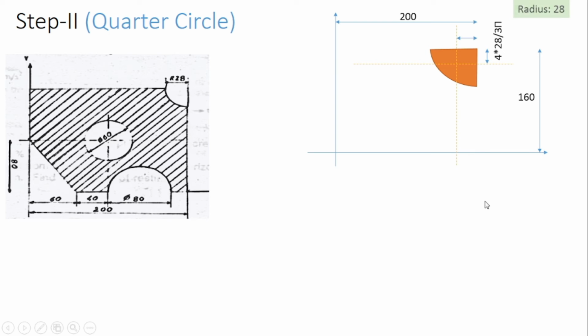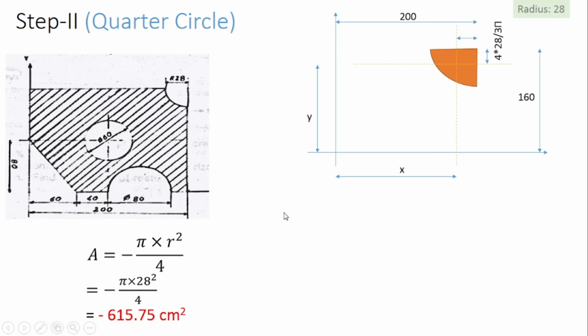Now we'll find out the x bar. Now x bar is the horizontal separation between centroidal axis and the reference axis, and y bar is the vertical separation. So x bar is equal to total length 200 minus this 4r by 3 pi. Same way, total height 160 minus this distance will give you the value of y bar.